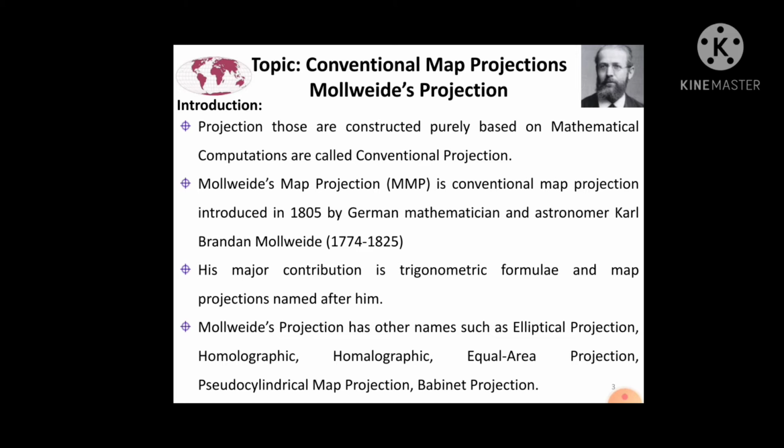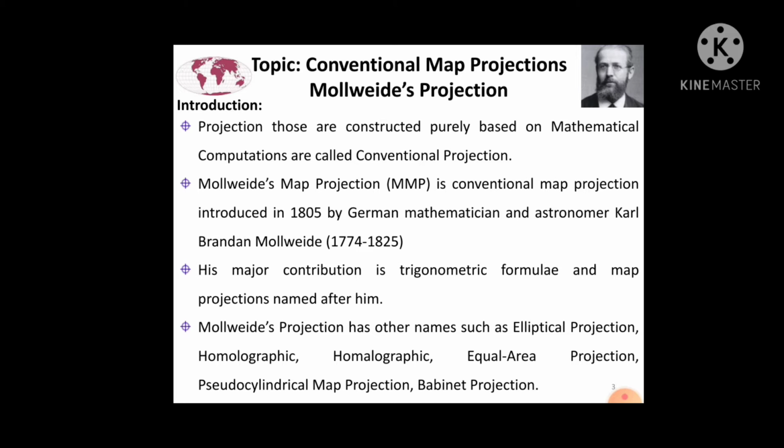This projection was coined or introduced in 1805 by the German mathematician and astronomer Karl Brandan Mollweide, whose life period is 1774 to 1825. His major contributions are the trigonometrical formula and the map projection, which is named after him.